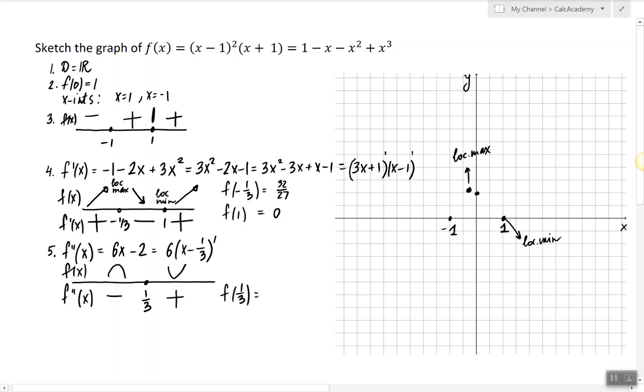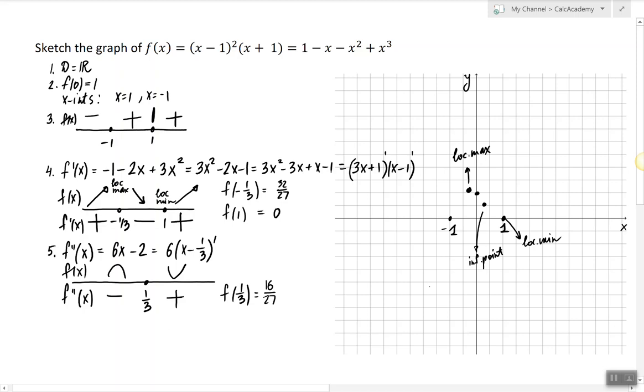So it's 4/9 times 4/3, so it's 16/27. So it's about half, slightly greater than half. So at 1/3 the function is at about 1/2. So we have an inflection point here, and now we can piece it all together.